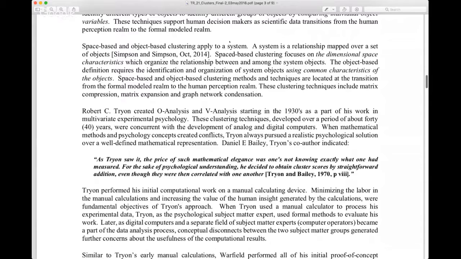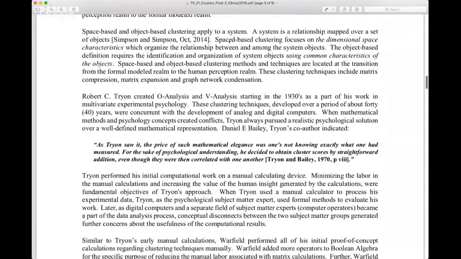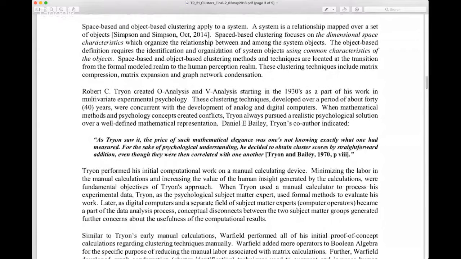And going back to the book here from Tryon, he did O analysis and V analysis. He wrote his first book on this in the 1930s, basically as a set of desk instructions, because he and his wife were both psychologists. In those days, the researcher had to calculate all their own data and do their own data analysis by hand.